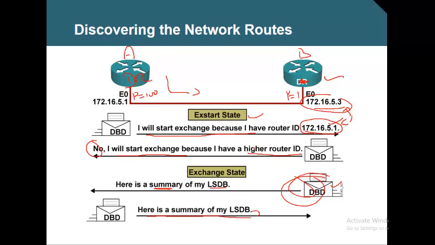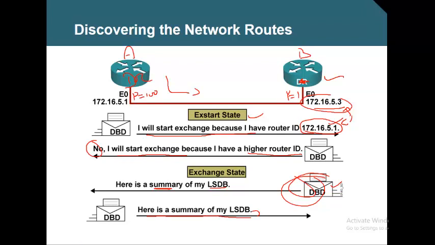DBD should be shared by the DR. And DR is elected first by comparing the priority. If the priority is the same, only then they compare the router ID. In the example here, they are not talking about priority, they only talk about router ID.